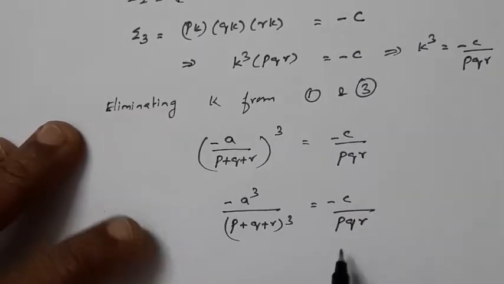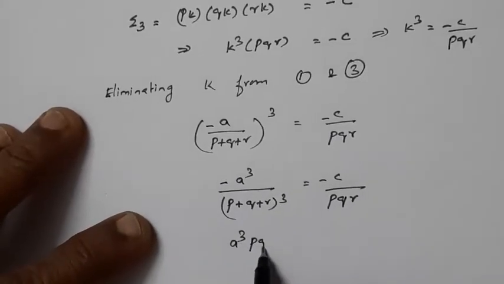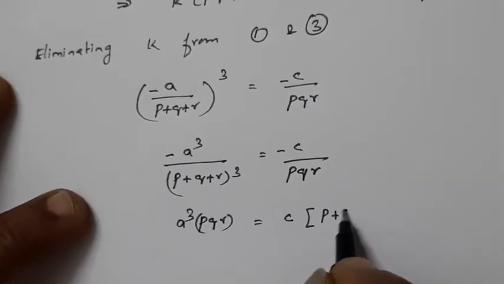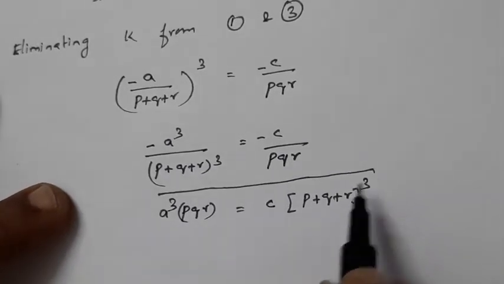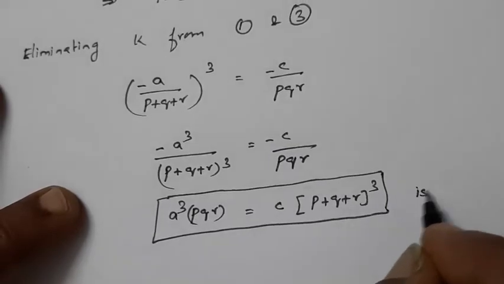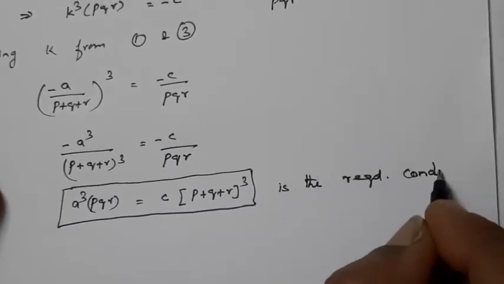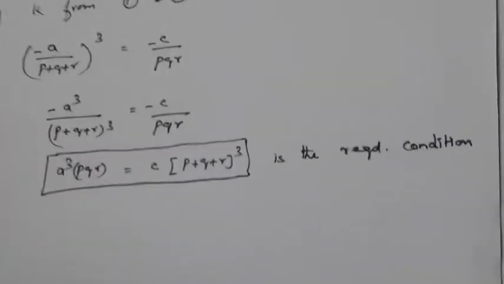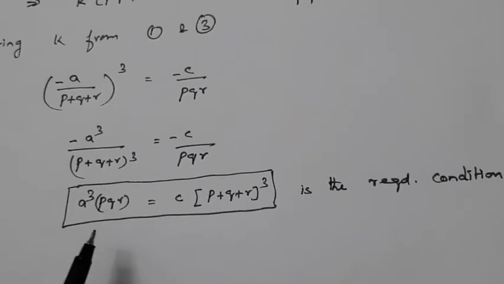Cancelling the minus and cross multiplying, we have a cube into pqr is equal to c into p plus q plus r the whole cube, and this is the required condition. So, just apply the formula and then eliminate the constant k, so that you will get the required condition.